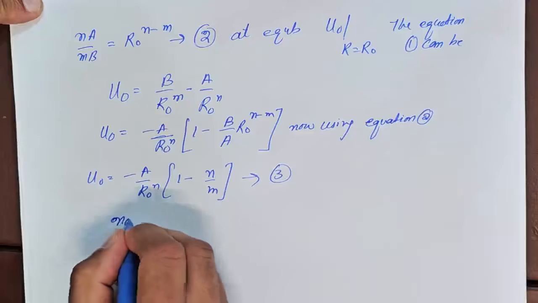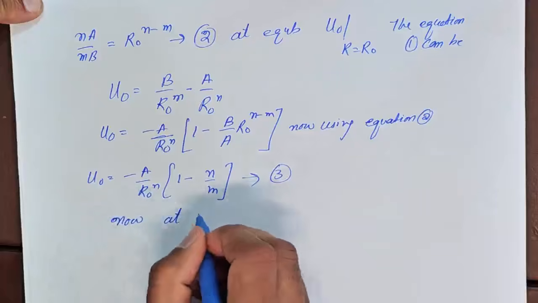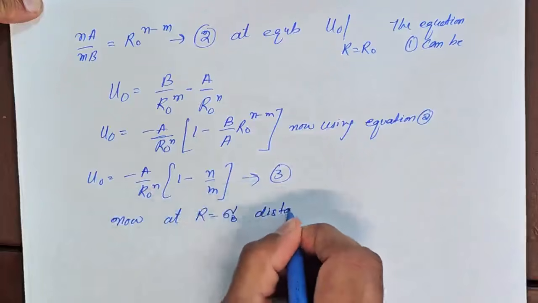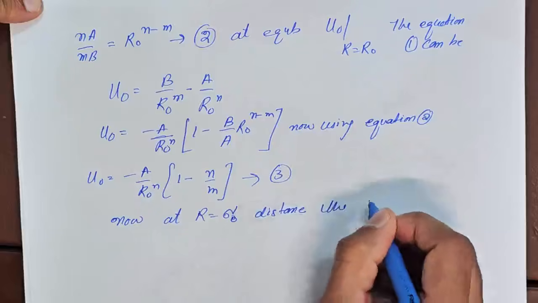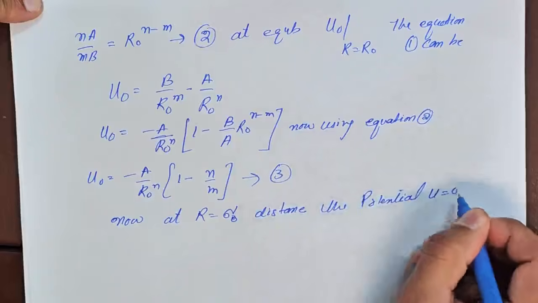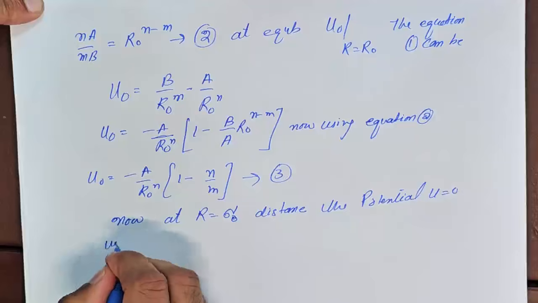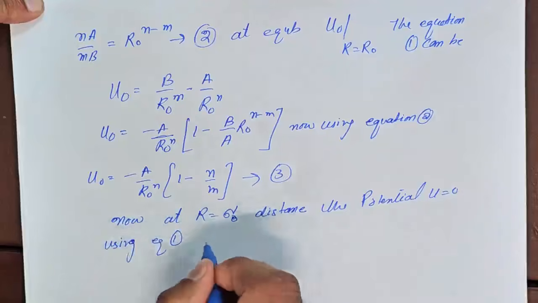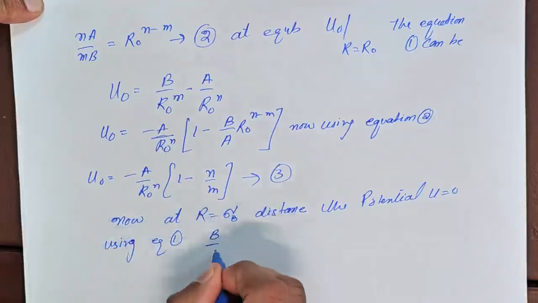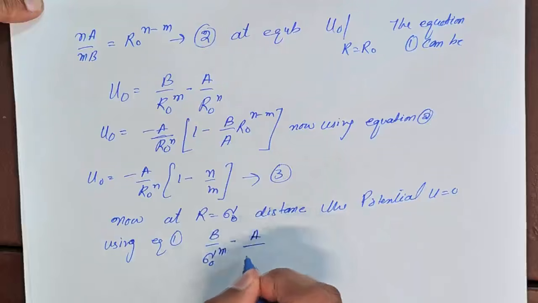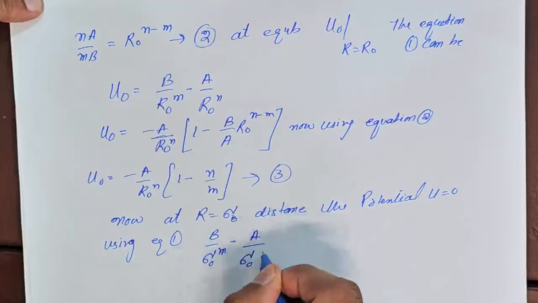Now, at r equal to sigma naught distance, the potential is 0. Using equation 1, b divided by sigma naught to the power m minus a divided by sigma naught to the power n is equal to 0.